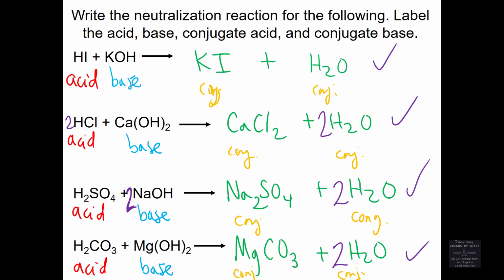When hydroxide is the base, every single time it means water is the conjugate acid. So it must mean these other things are the conjugate bases. Simple enough? I've thrown a lot at you, I know, but we can do this. Let's do this.